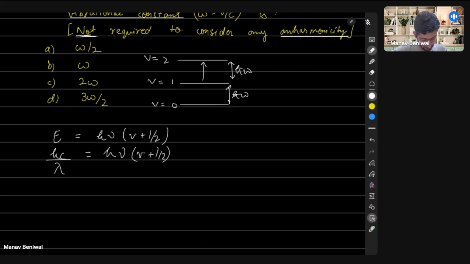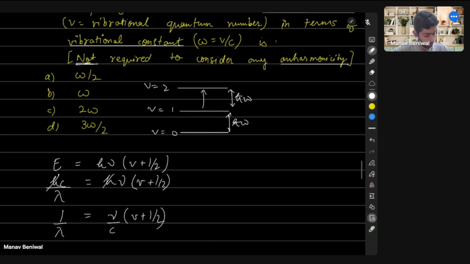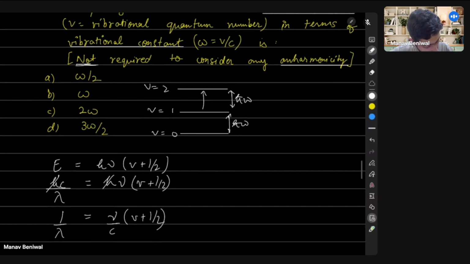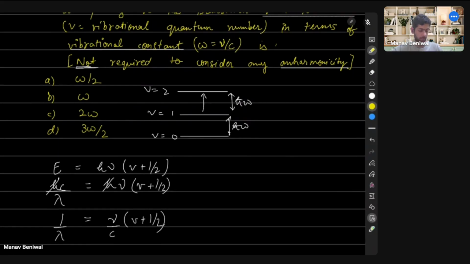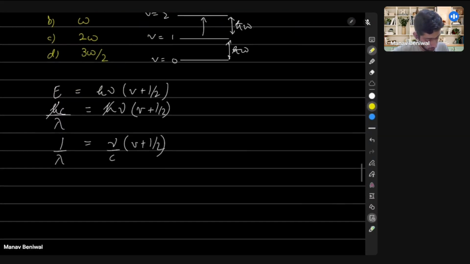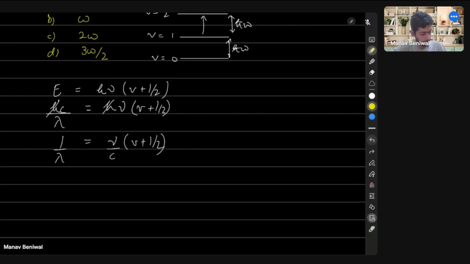Okay, h cancels out, so 1 over lambda becomes nu over c times v plus half, and here you can see that nu over c is omega. So this is omega times v plus half.